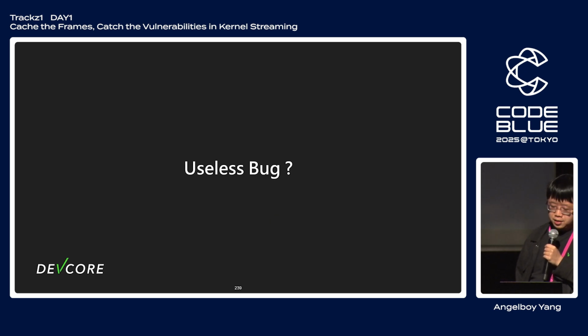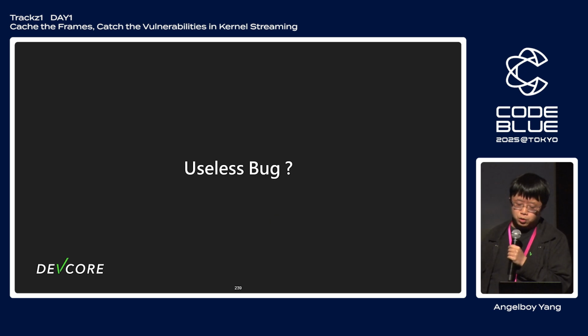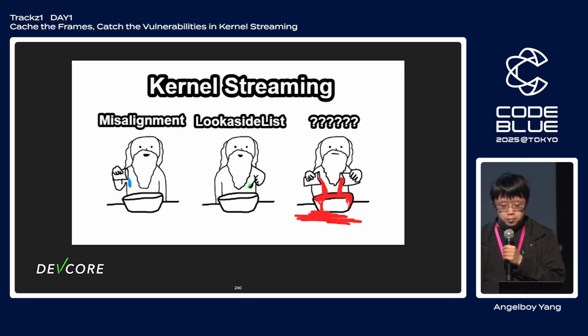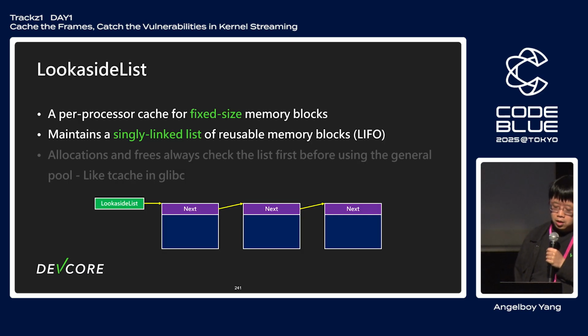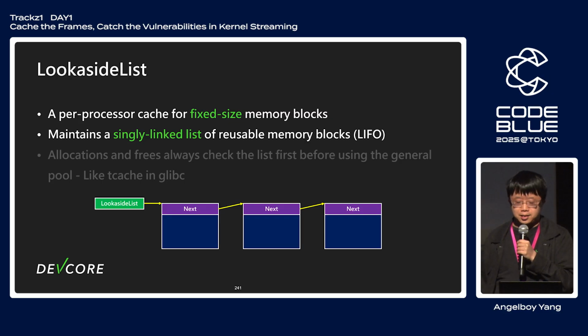At first glance, this might seem like a useless bug, just a minor memory alignment issue. But what happens when that misaligned buffer meets the lookaside list? Let's take a look at the lookaside list. Lookaside lists are per-processor caches for fixed-size memory blocks.